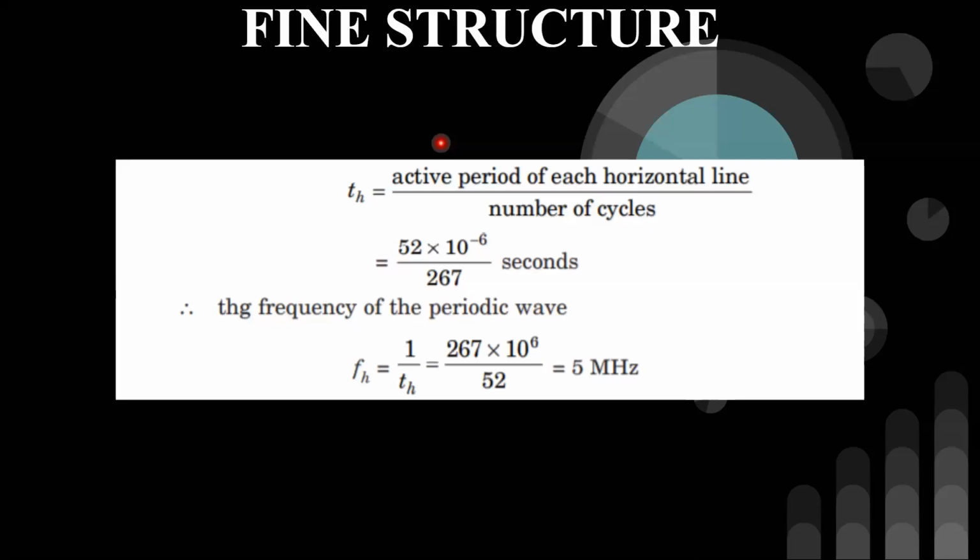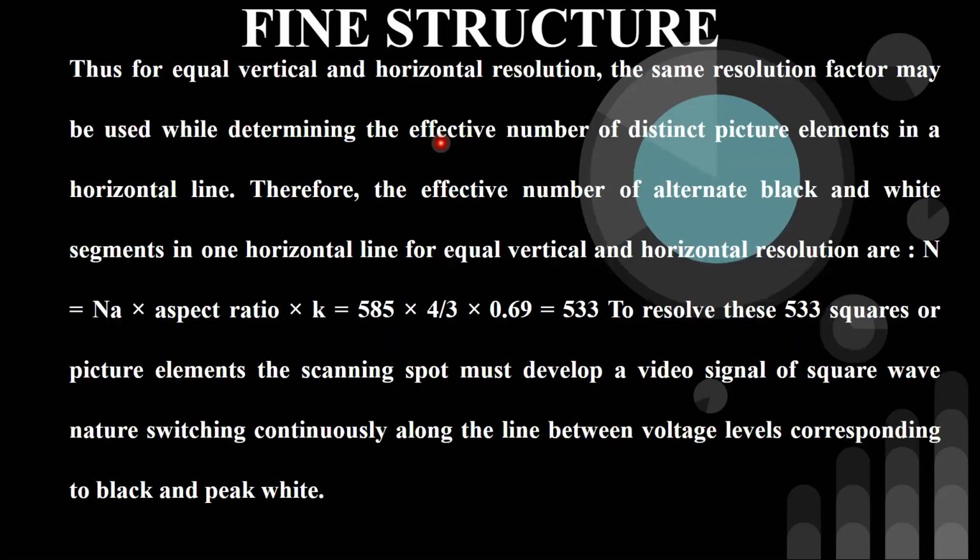Therefore scanning spots must specify the complete cycle that is equal to 533. In the previous slide we have 533 by 2. So here you get 267 complete cycle changes. Therefore these 266 cycles are utilized.